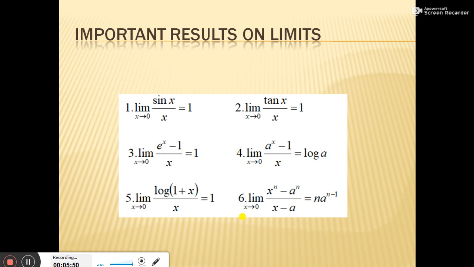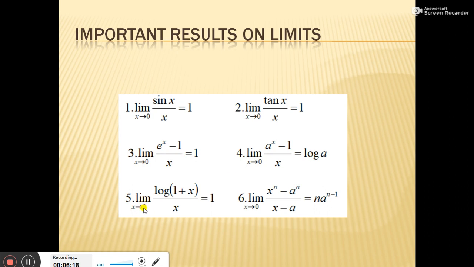And now we have the important results on the limits. The first one is limit x tends to 0, sin x by x is equal to 1. Limit x tends to 0, tan x by x is equal to 1. And limit x tends to 0, e power x minus 1 upon x is equal to 1. And limit x tends to 0, a power x minus 1 upon x is equal to log a.